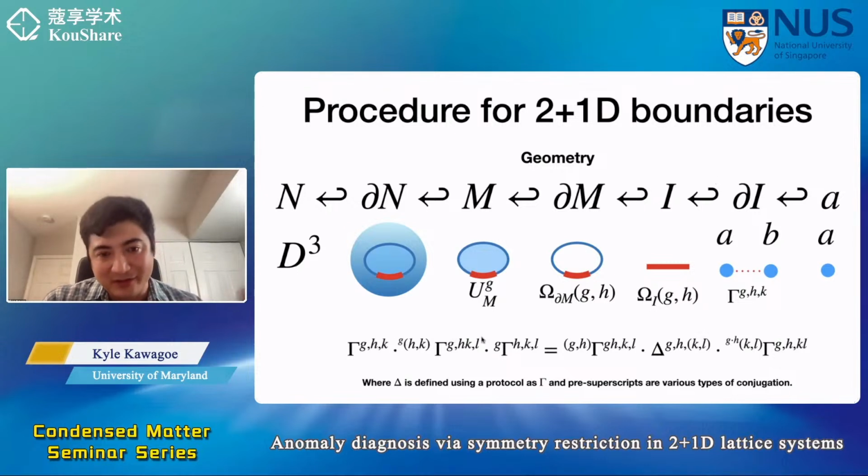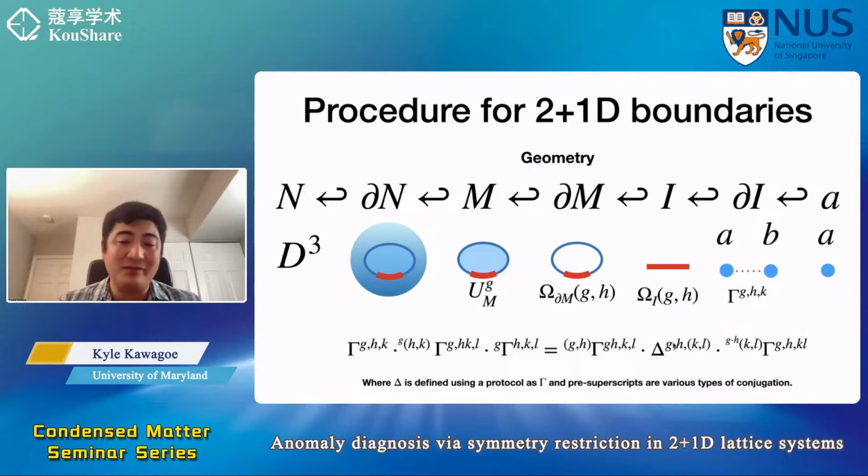Okay, so I won't define every term in this, but basically the point is that now instead of having the product of two different omega terms equal the product of two other omega terms with some conjugation, now you have the product of three different gammas is equal to the product of two different gammas with this thing called delta.